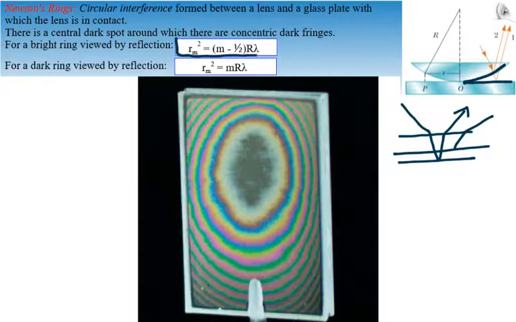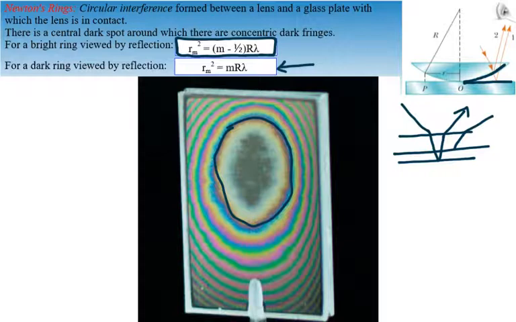So if you want to calculate the radius of these rings, you would have to use these formulas. There are dark fringes and bright fringes, and to get the dark ones, that would be destructive interference, you have r squared.